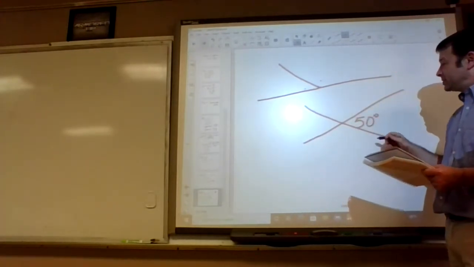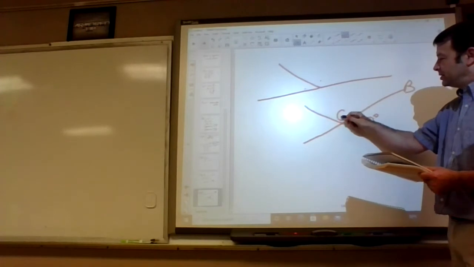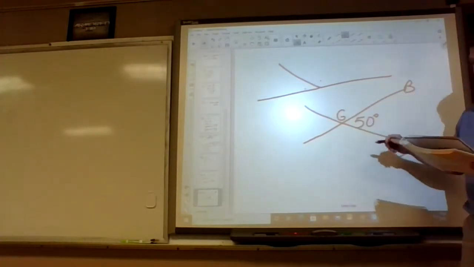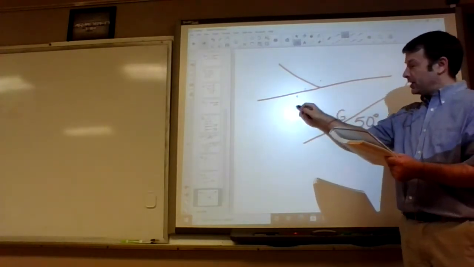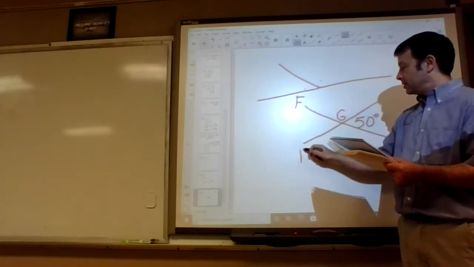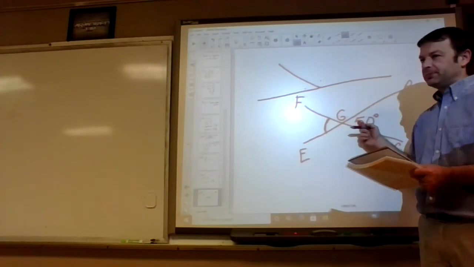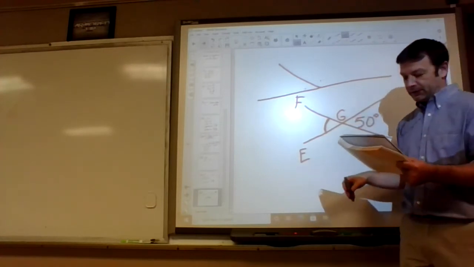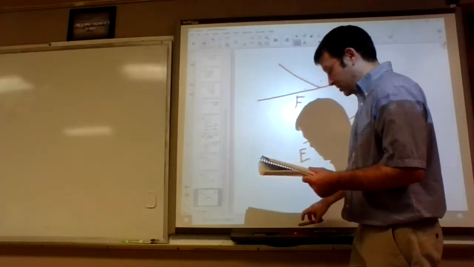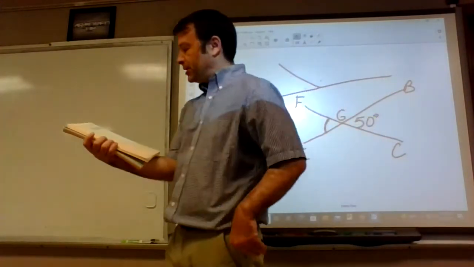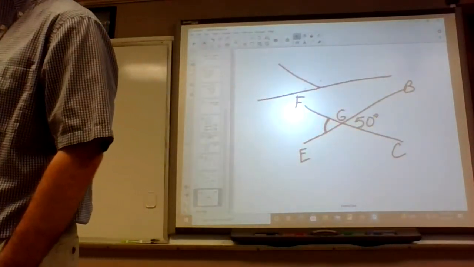They called it BGC. FGE is what we were looking for right here. These two have to be the same, vertical angles. So yes, it's 50. But Aiden said it right too. 90 minus 40 would also give you the right answer.